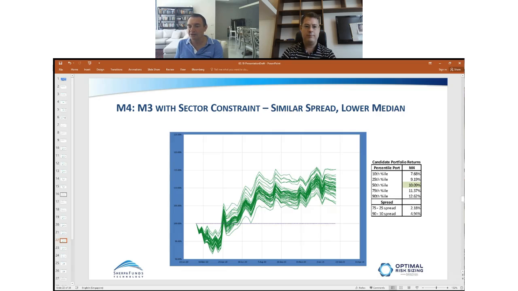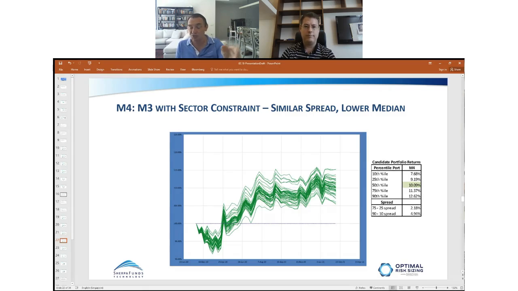Here, rather than doing the regional constraint, we've said at a sector level we must constrain it. So the IT and the consumer, et cetera, must match what is in the benchmark. And again, the impact is that we reduce the total alpha. The asset selection, it turns out in this case, was benchmark sector agnostic.